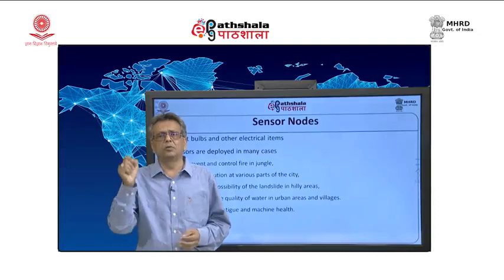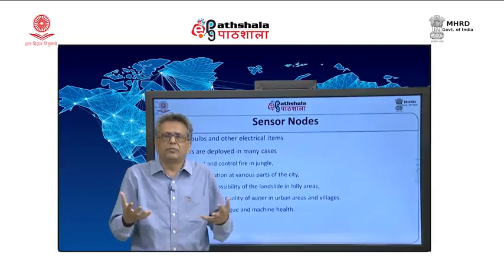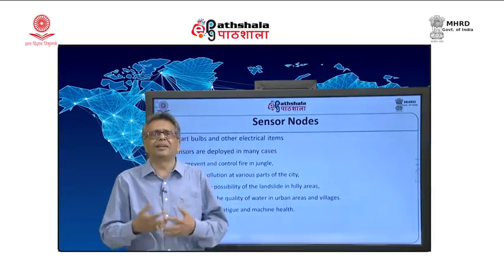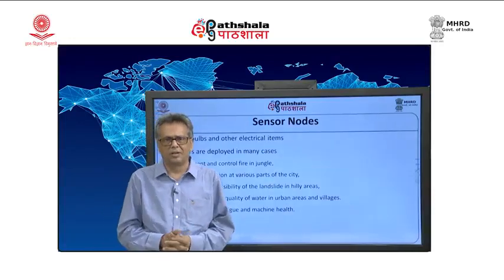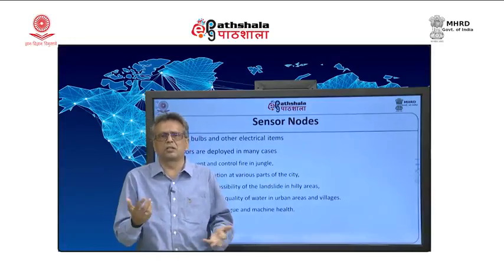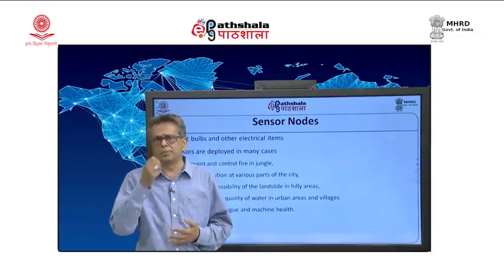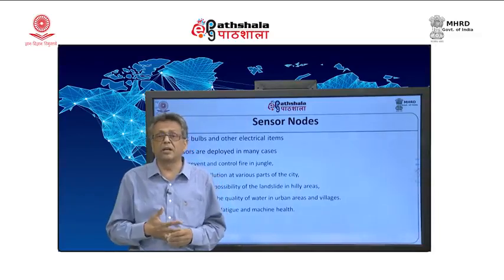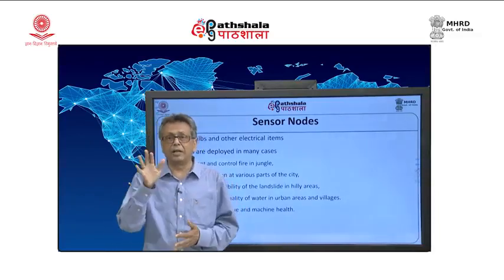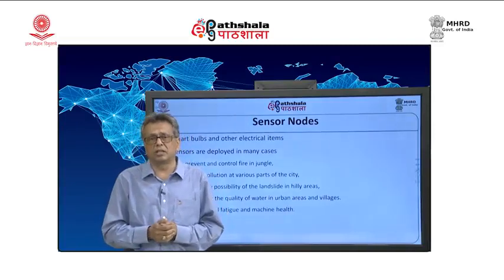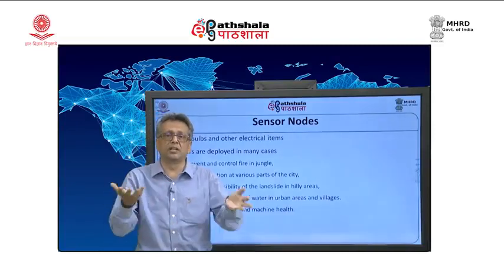Now, you do not need to do it manually if these bulbs are smart and can report their own status. Sitting at your desktop, you will be able to determine which bulbs are on and which are off, and a little smarter one will tell you that it is going to complete its life soon. So, you can replace it before it does so.